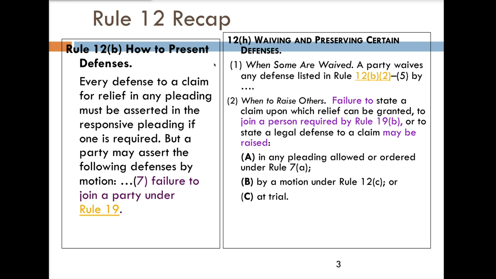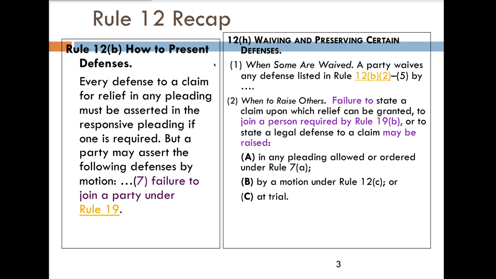And also, two, it is entirely possible that you might not be aware of these defenses at the beginning of the lawsuit. Whereas anyone who actually knows the FRCiv Pro rules will know whether or not there is PJ over them, you may not have enough information at the beginning of the case as a defendant to know whether or not someone is a Rule 19 party such that they should be joined or else the case dismissed.